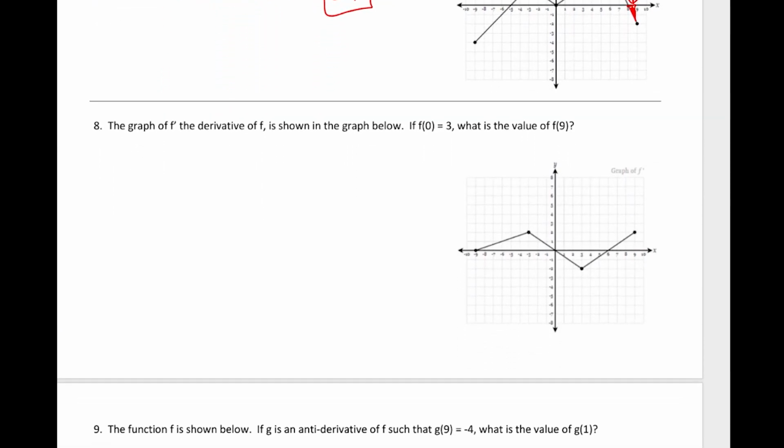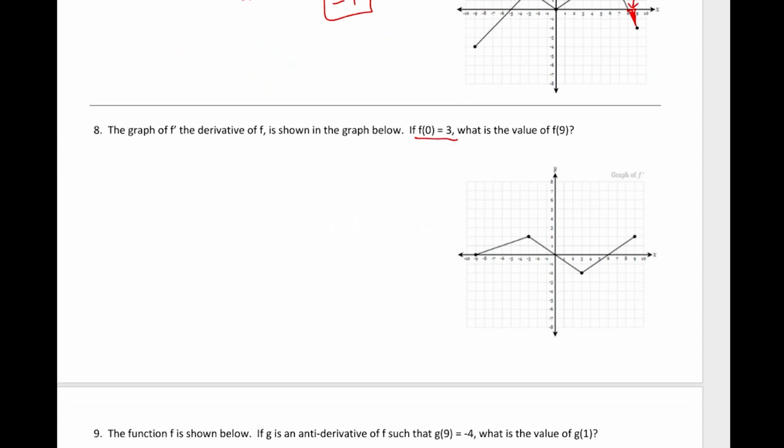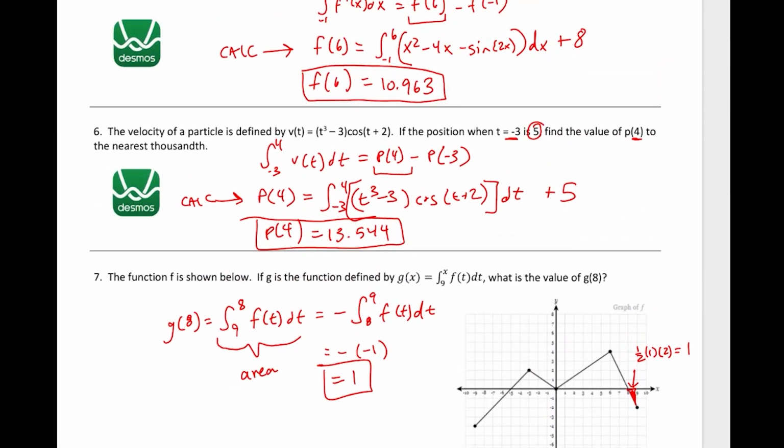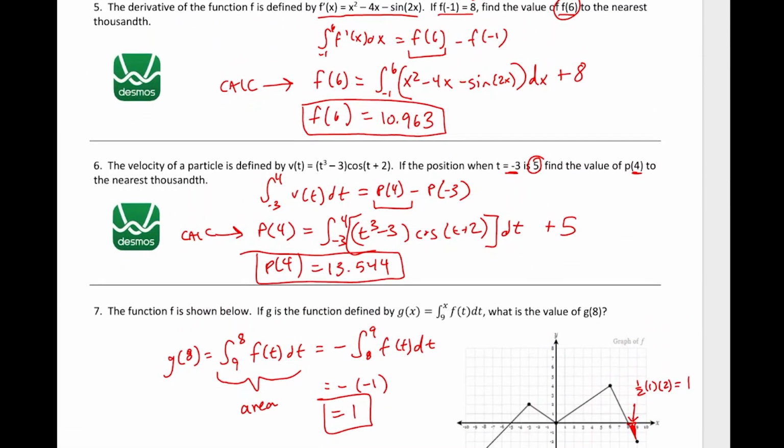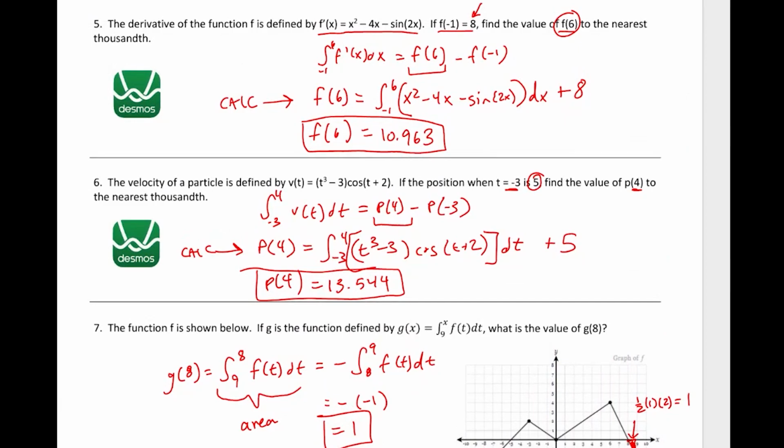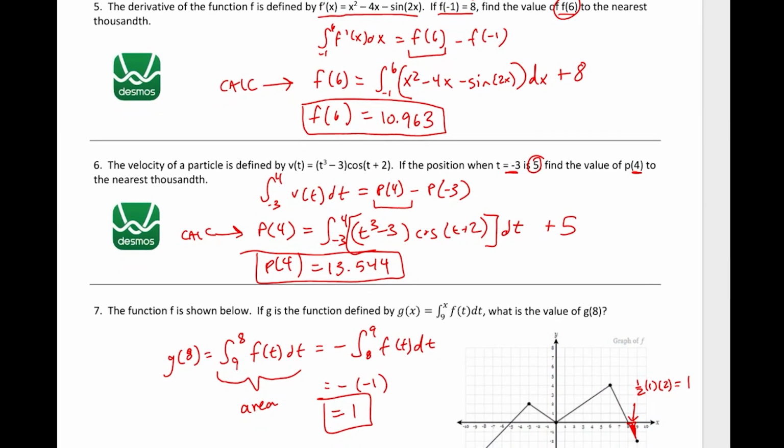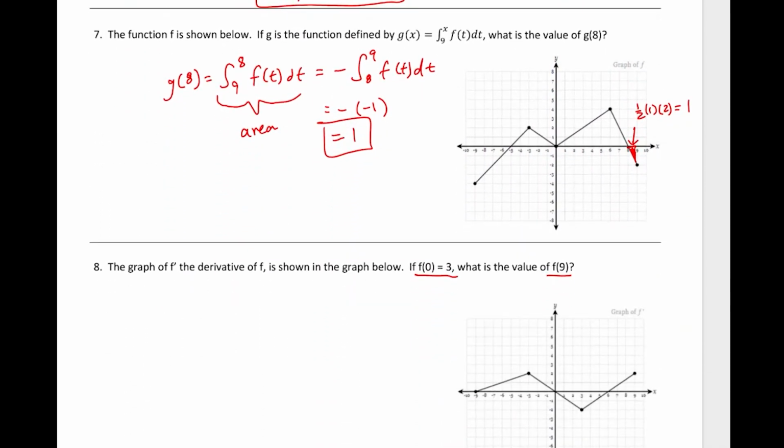Number 8, it says the graph of f prime, which is the derivative of f, is shown. If f of 0 is 3, what's the value of f of 9? We're seeing a lot of these kinds of problems where I give you one coordinate and I'm asking for the y coordinate of some other x value. And a lot of times, like what we saw on 5 and 6, we're expected to know that we need to set up a version of the fundamental theorem.